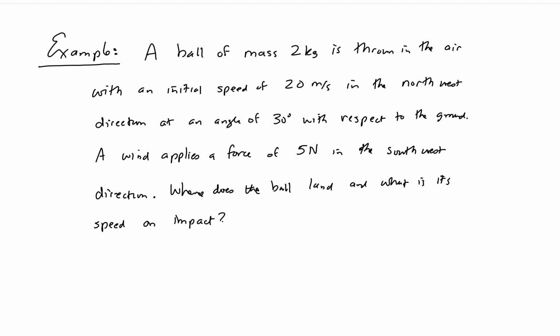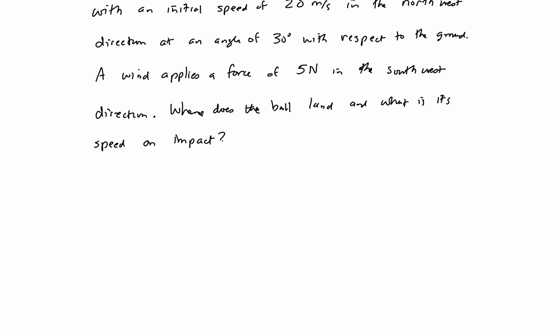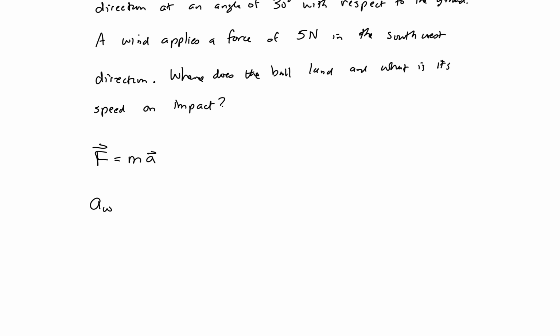Okay, so let's think about what's going on with our acceleration here. So let's start with our acceleration. Remember, our force is mass times acceleration. So if I want the acceleration due to the wind, well, let's think about our coordinate system here.